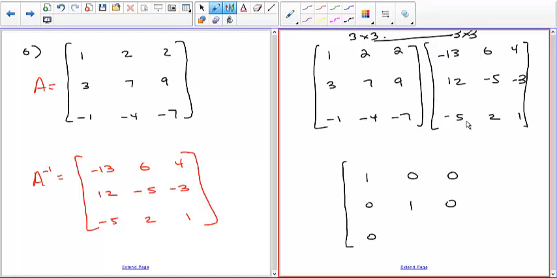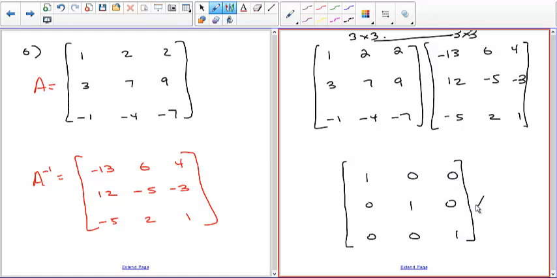So I'm going to have negative 6 plus 20 minus 14. That's 0. And then I do third row, third column. So I'm going to do this times that, plus that times that, plus that times that. So you have negative 4 plus 12 minus 7. It's equal to 1.